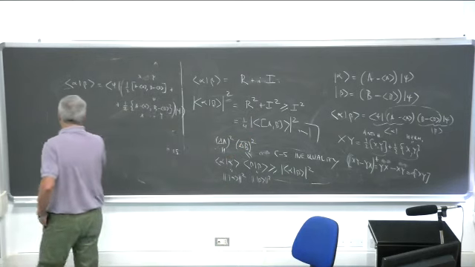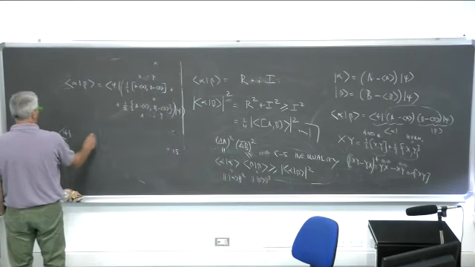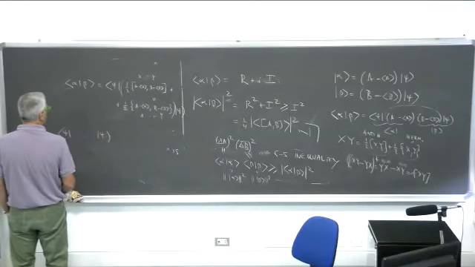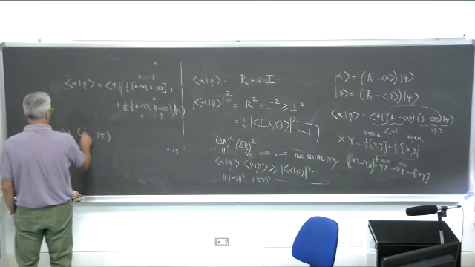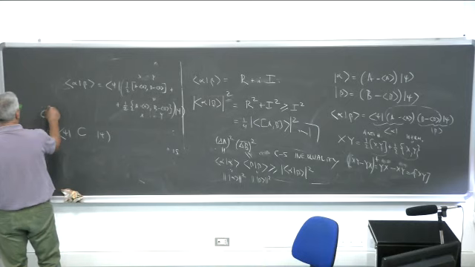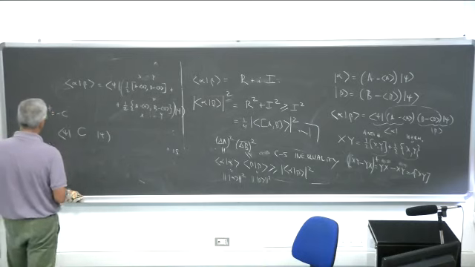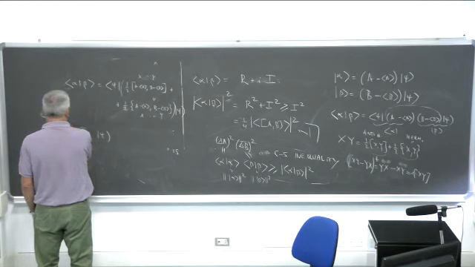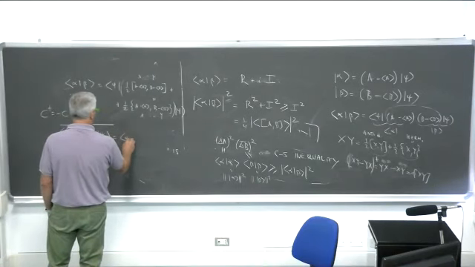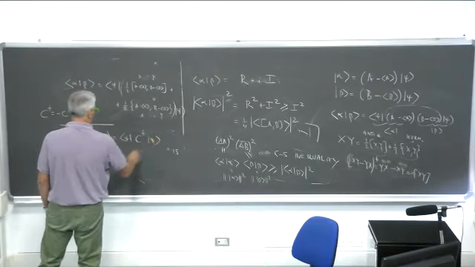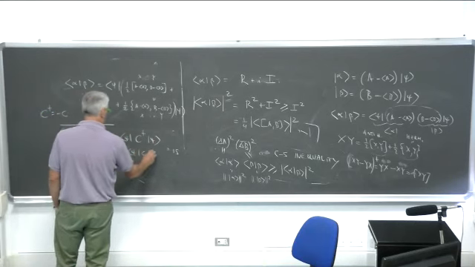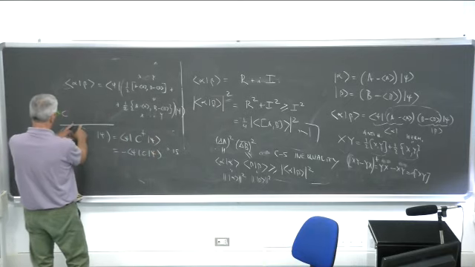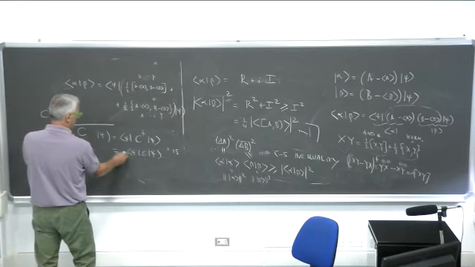Because if you have an anti-Hermitian operator, let me call it C, anti-Hermitian means that C dagger is minus C, right? You take the complex conjugate of that, that is psi, C dagger, psi, right? But this is minus psi, C, psi, no? This means that this is purely imaginary because it picks a minus sign, right?